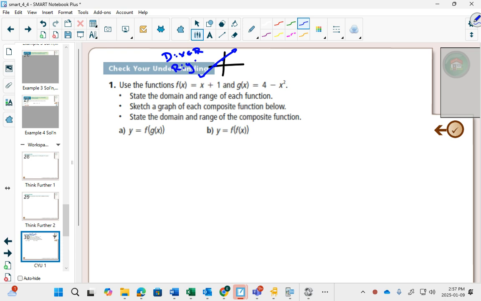Its range would be everything. And here is negative x squared plus 4. I'll do that one in green. Again, its domain is everything. Its range is less than or equal to 4.